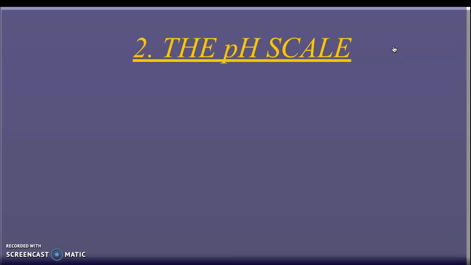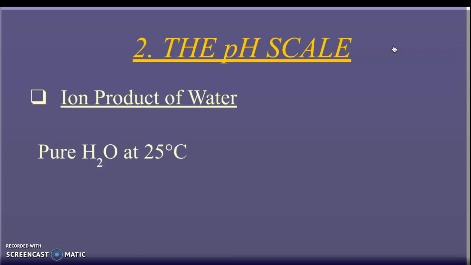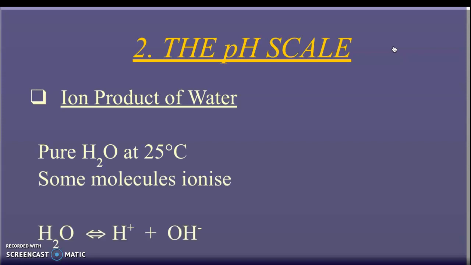The pH scale. We kind of went over this a little bit over the last 2 weeks in that reading that you guys should have done. But as I was talking about before, you have your water molecule, and sometimes it splits up into your hydronium and your hydroxide ions, your H plus or your OH minus ions.